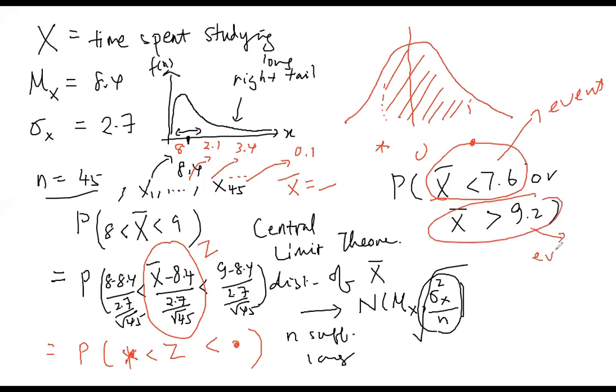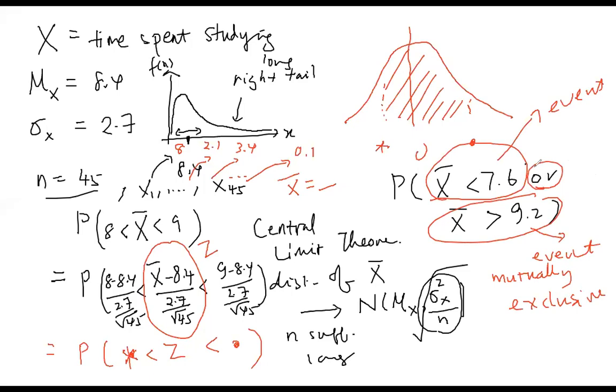These two events are mutually exclusive, which means if the sample mean is below 7.6, it can't be above 9.2, and vice versa. So you have an OR here.